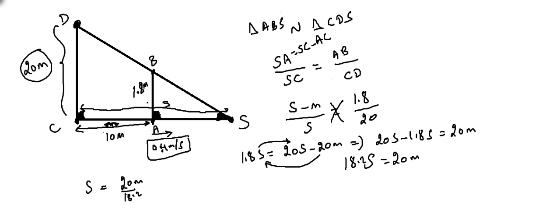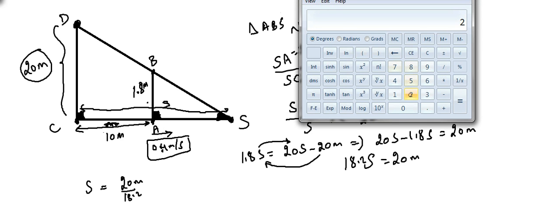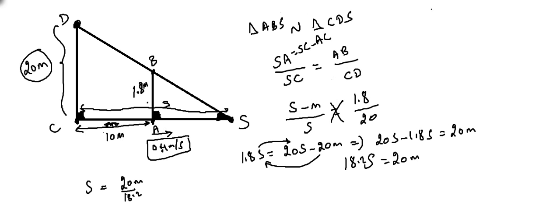Let me see how much that value is. 20 divided by 18.2 is equal to 1.098. So S equals 1.098 M. That's nice.